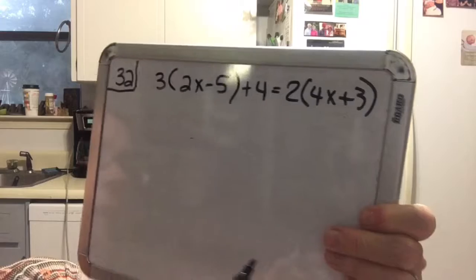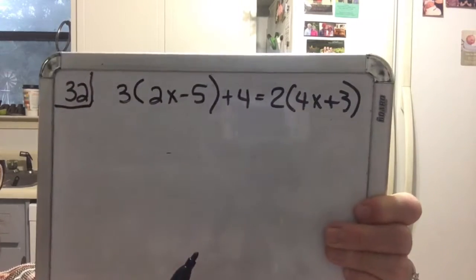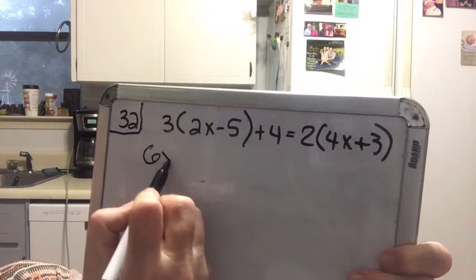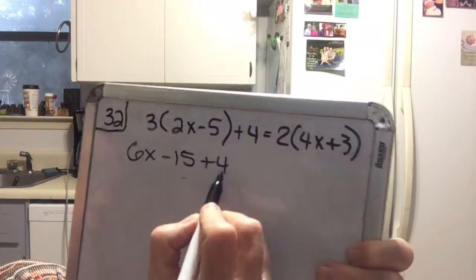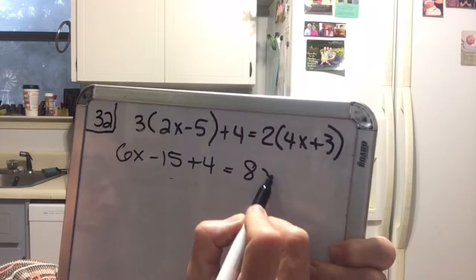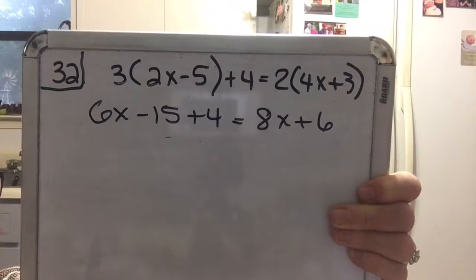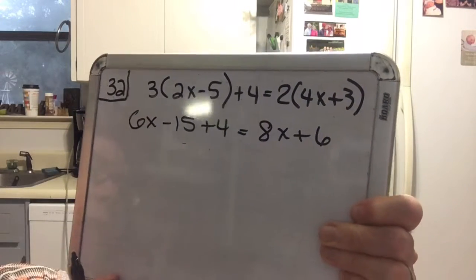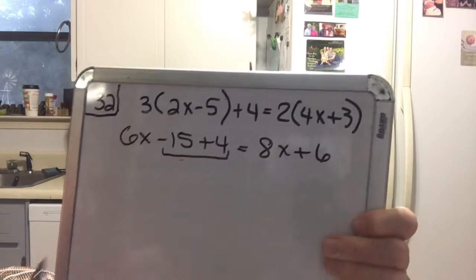So 32, again, is another distribution problem. Now I have to distribute on both sides. So I'm going to get 6x minus 15 plus 4 equals 8x plus 6. Now that I've distributed, I'm looking, do I have some like terms that I can combine? I can combine some constants right there.